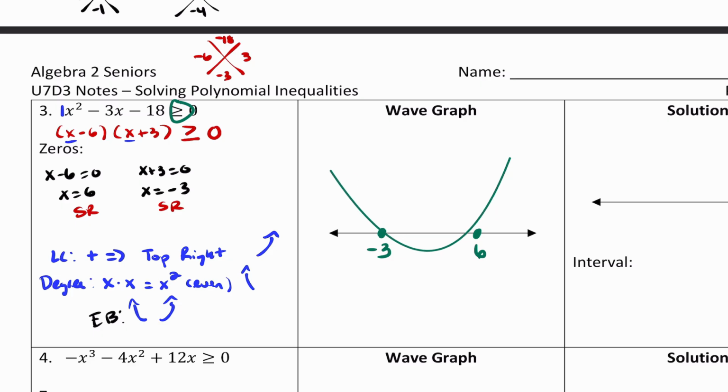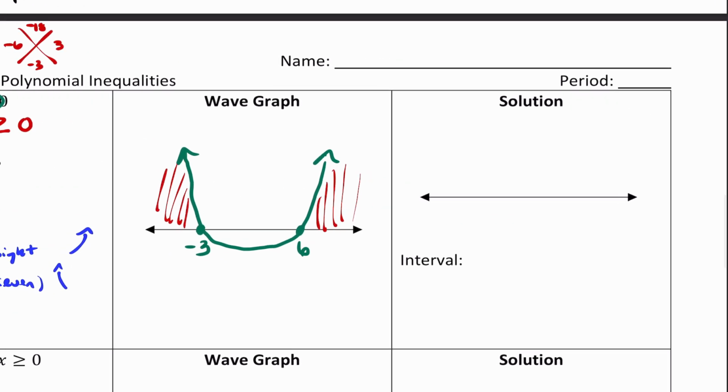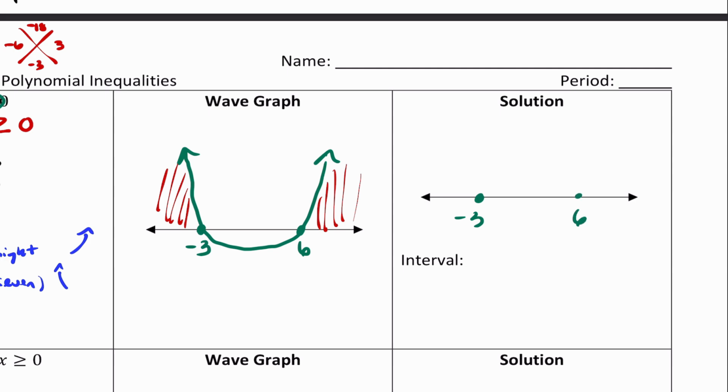So it should look something like that, okay? So we're going to shade here and there. So then for our solution, we have -3 and 6. So we're going to shade to the left of -3, and we're going to shade to the right of 6. So our interval should be -∞, comma, -3, square bracket, union, square bracket, 6, comma, +∞.